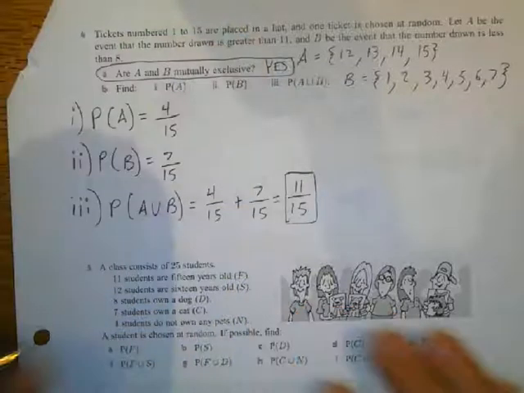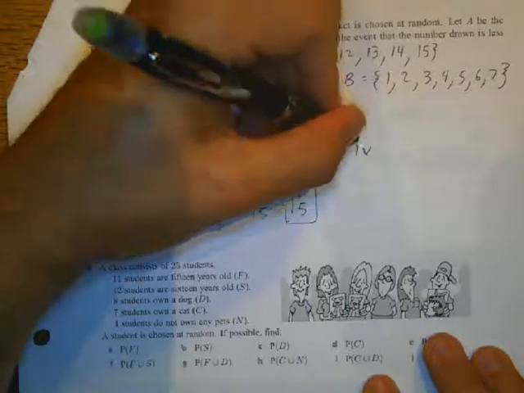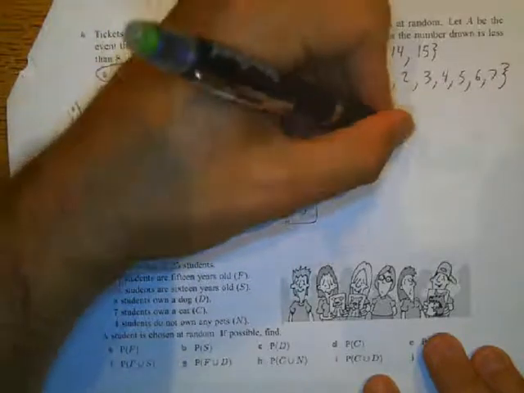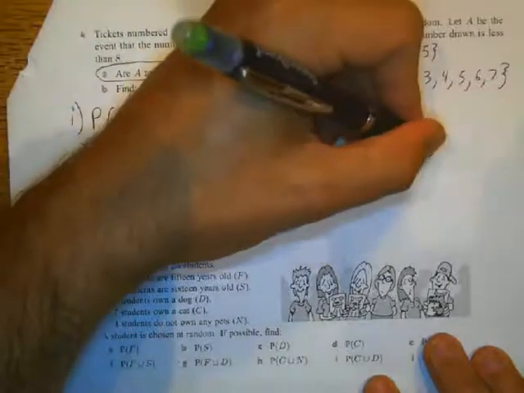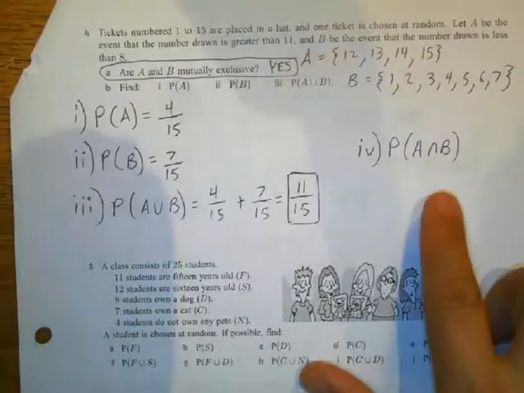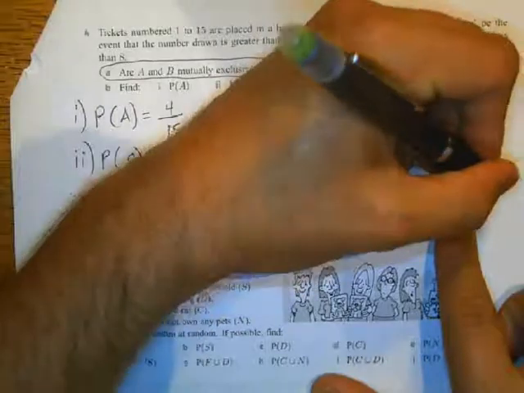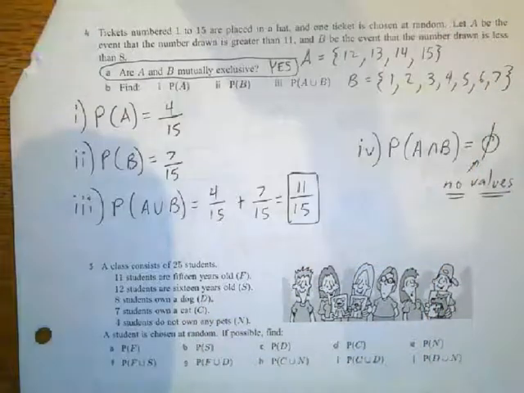Now, I know they didn't ask this, but what if they asked, what is the probability of A intersection B? Well, you know that they don't intersect, so it's going to be the null set, which means no values.